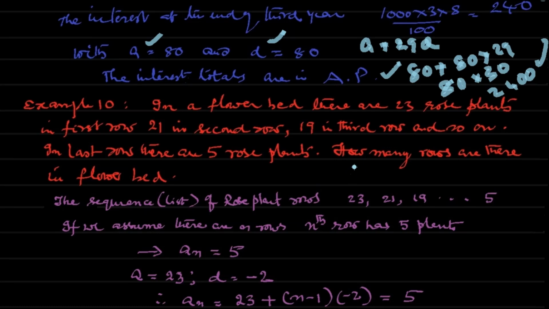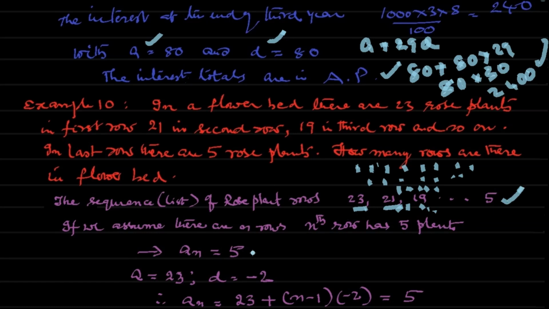So rose flowers are like this. First row, second row, third row, so reducing, like that. So let us write 23 in the first row, 21, 19, this is in AP, right?